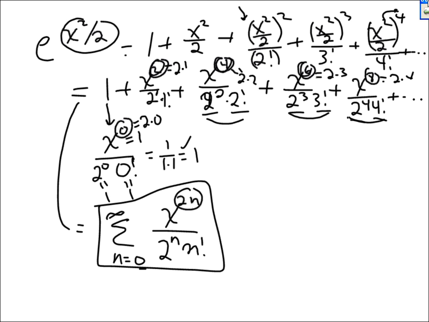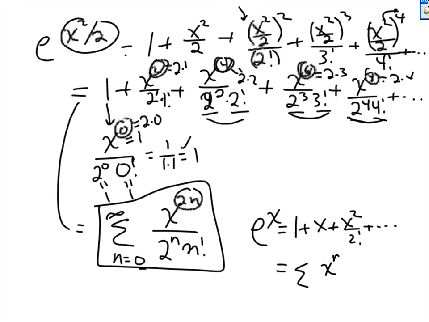And we used a known series. We know that e to the x is 1 plus x plus x squared over 2 factorial, etc. In fact, possibly an easier way to do this problem would say that e to the x is the sum of x to the n over n factorial. So instead of x, we write x squared over 2 to the nth power over n factorial.